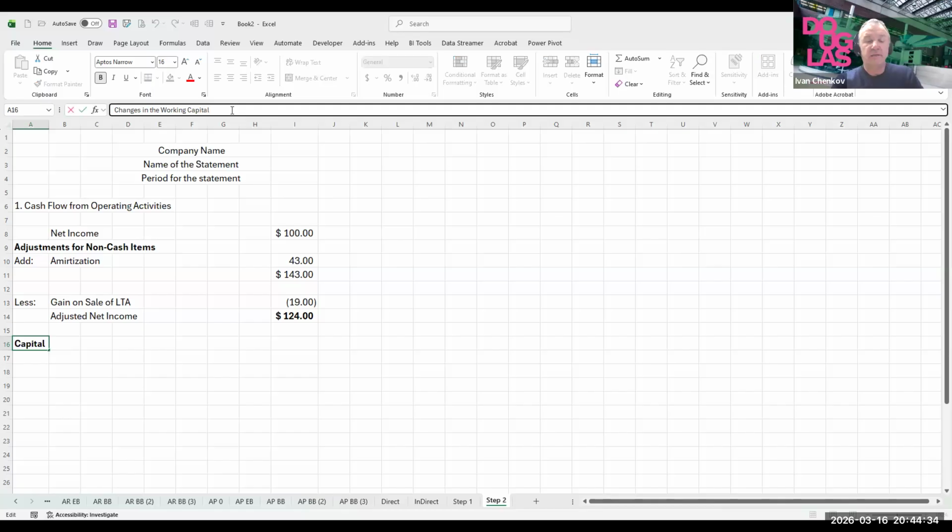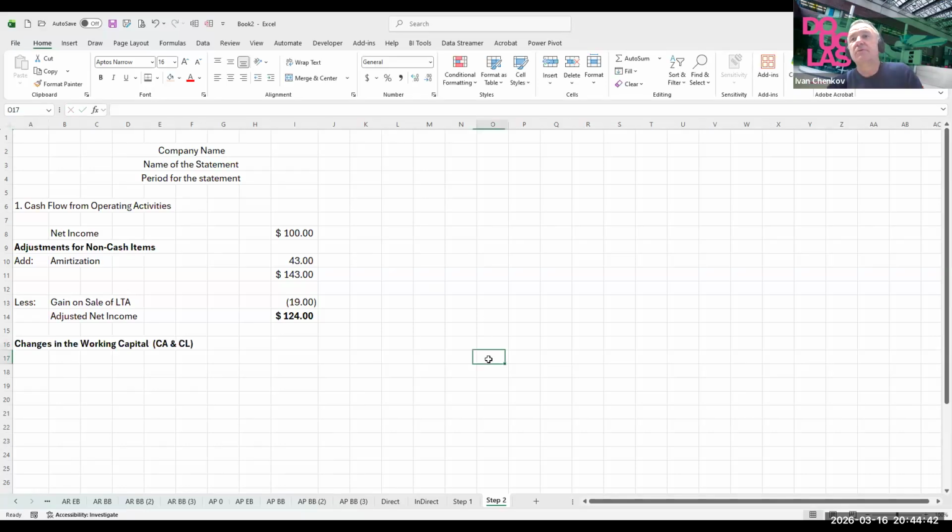Working capital, don't forget, is current assets and current liabilities. Where are we going to see those changes? We're going to see those changes in the balance sheet.